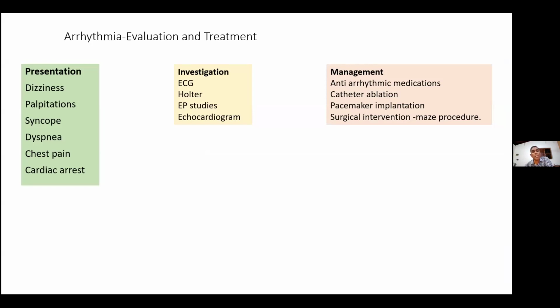In a tertiary center, you can refer them for EP studies and ablations, to find out whether it is coming from the right ventricle, left ventricle, or the free wall. So there are various studies you can do to find out where the ventricular or atrial ectopics are coming from, and then you can ablate them. Echocardiogram is very important to assess the function.